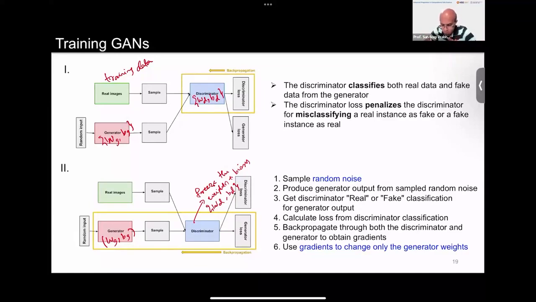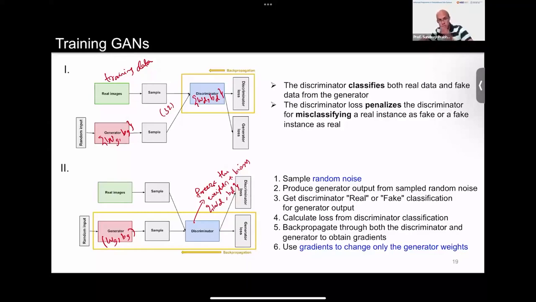So you form a mini batch of 32, mixing both real and fake images. I know the labels of these 32 images in my mini batch. That gives me a way to compute the discriminator loss. We'll see what that loss function is as we progress. But for now, think of it as simply a cross entropy loss with which I can train this binary classifier, which is the discriminator.